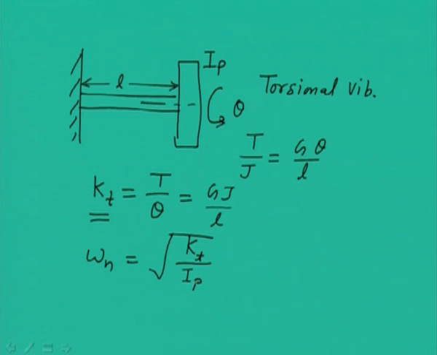I P, with subscript P, is the polar mass moment of inertia of this disc about this axis. So here, instead of mass, the polar mass moment of inertia is coming, but the unit remains the same, radians per second. Now we will take a few more examples specifically for various kinds of springs.